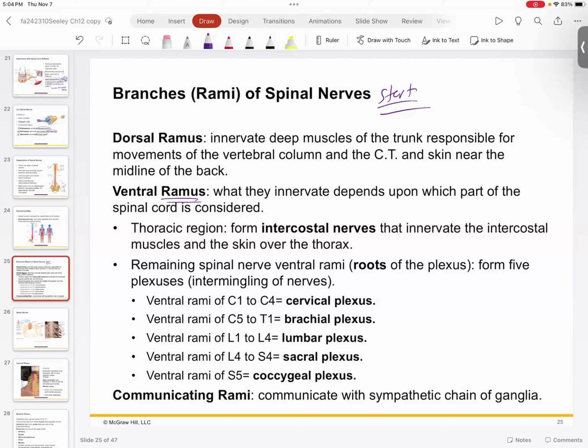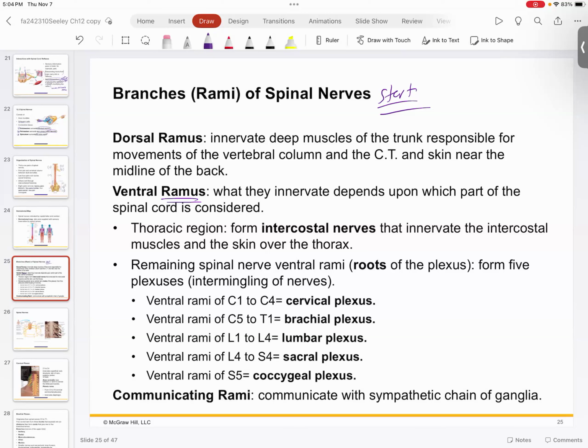The ventral ramus itself in the thoracic region will hit the intercostal nerves. These innervate the intercostal muscles, which are in between the ribs, and the skin in that thoracic area, what we think of as our upper chest, essentially.